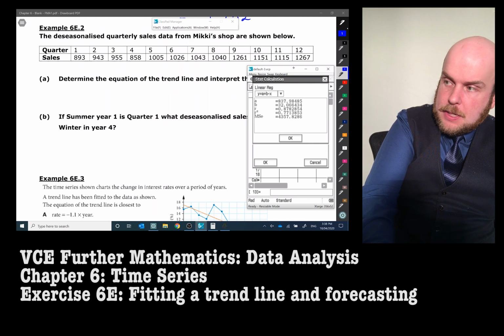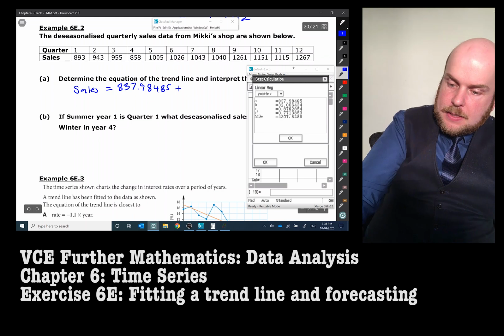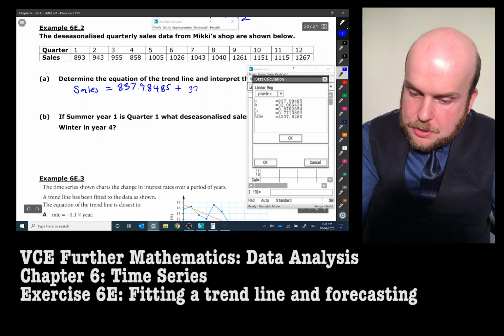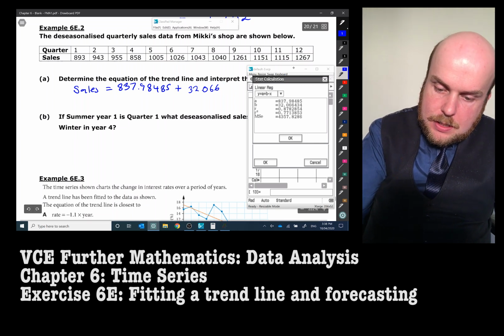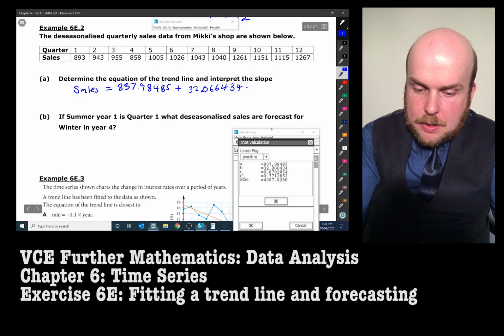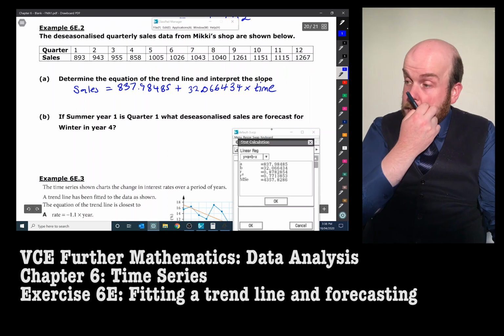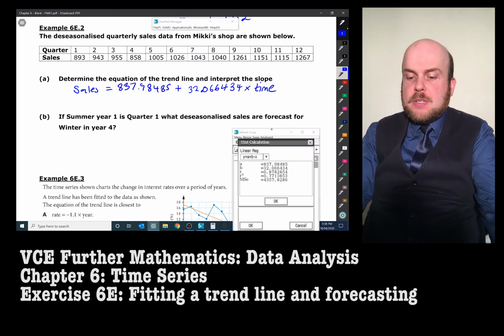So this is going to be sales is equal to 837.98485 plus 32.0666434 times, what are we? We're times quarters or times time. So what this means is, we have to interpret the slope. So that's this number, 32.0666.